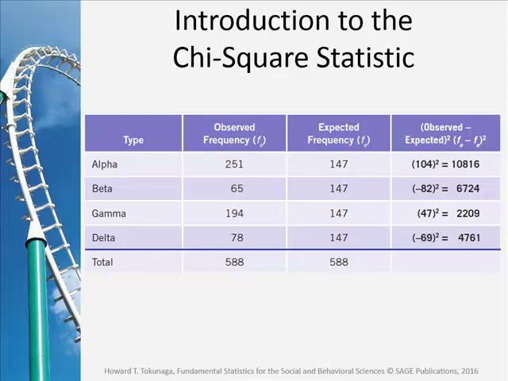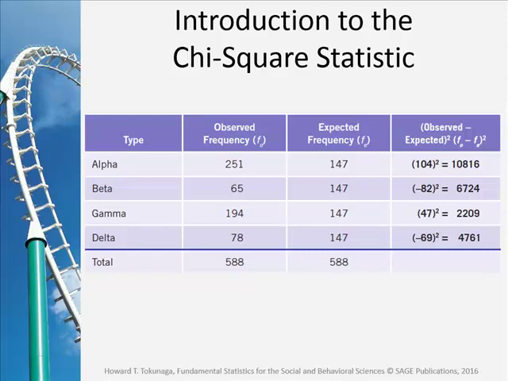We have to take this number and make it applicable to this distribution that we're setting up. When we did that with the z-scores and the t-scores, we standardized it by dividing by something. Remember that? We divided it by the standard deviation, how much spread there was, because the spread gives us the shape of the curve.